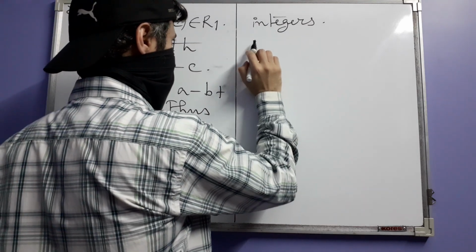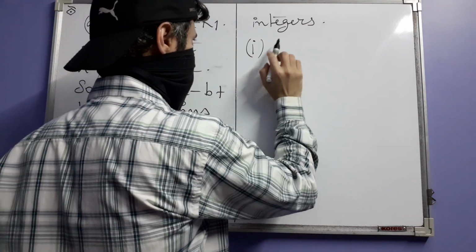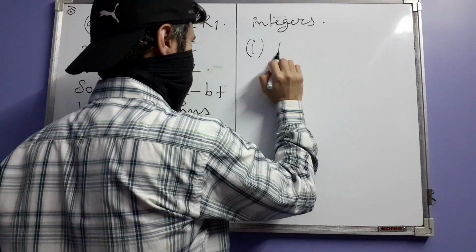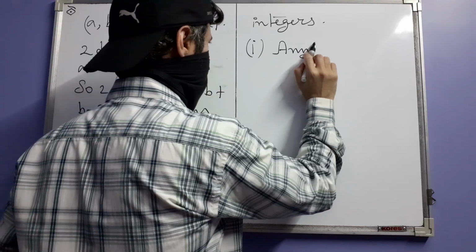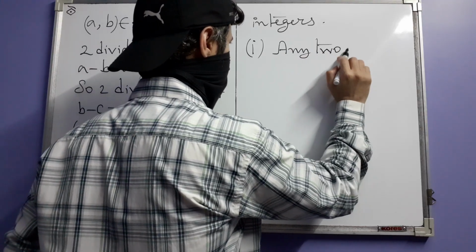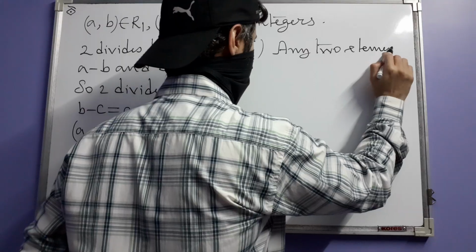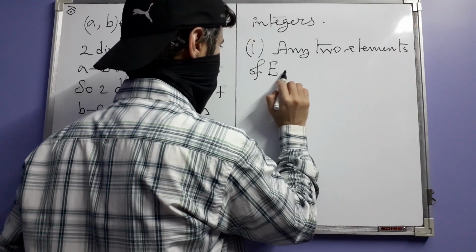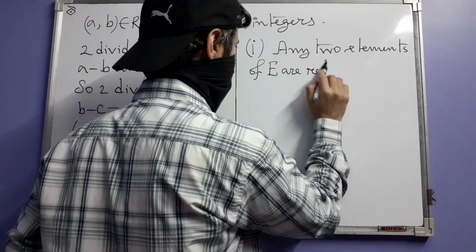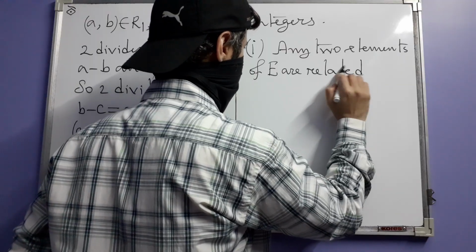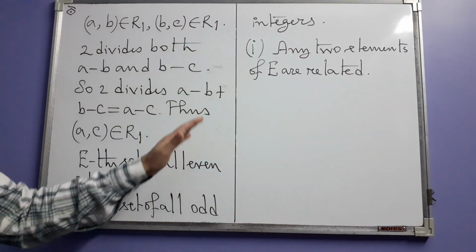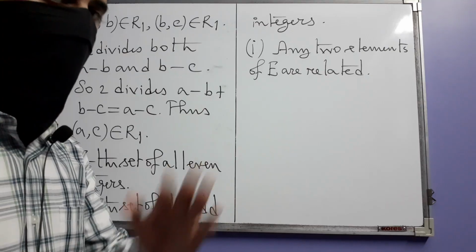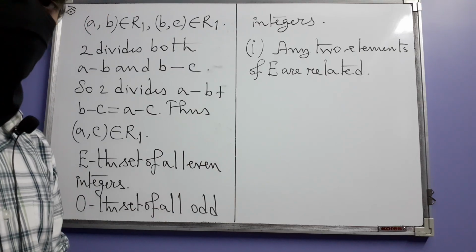The first observation is this: any 2 elements of E are related. Any 2 even integers are related to each other by our relation.